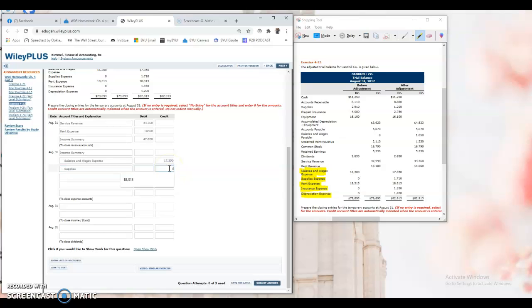It's gonna be 1,710, and then rent expense will be 18,313. Then insurance expense, that's gonna be 1,330.